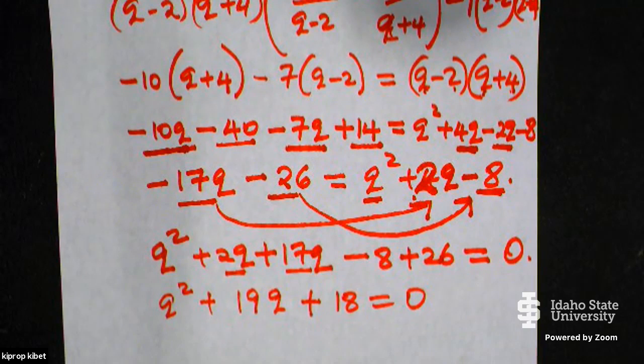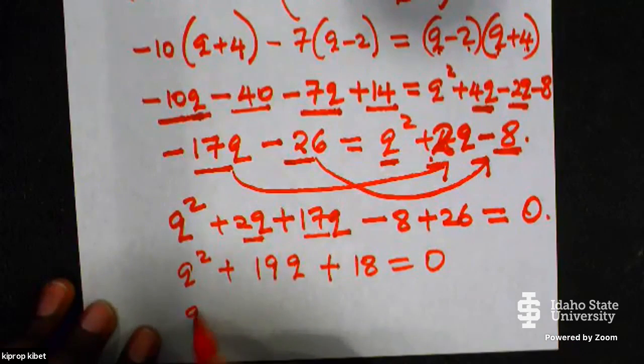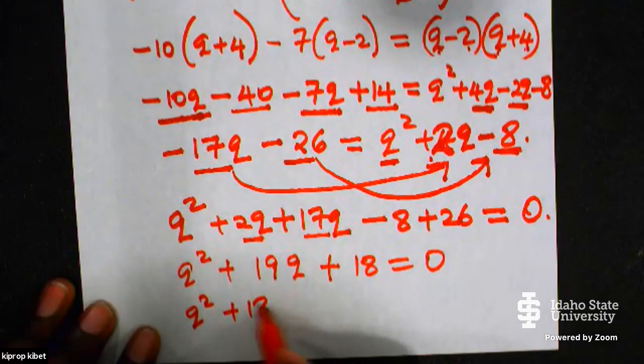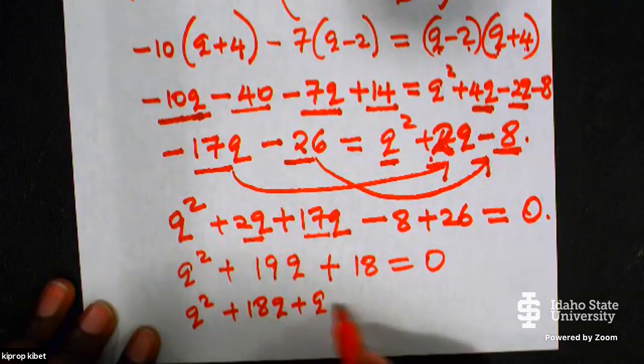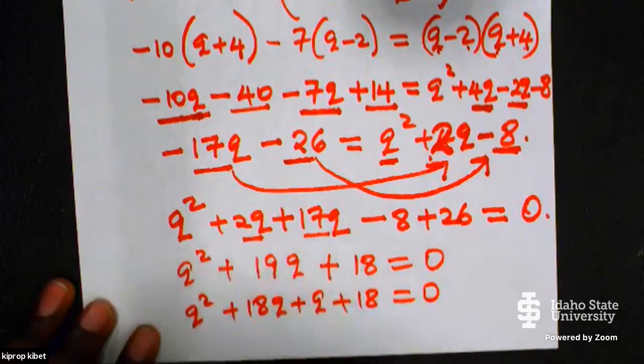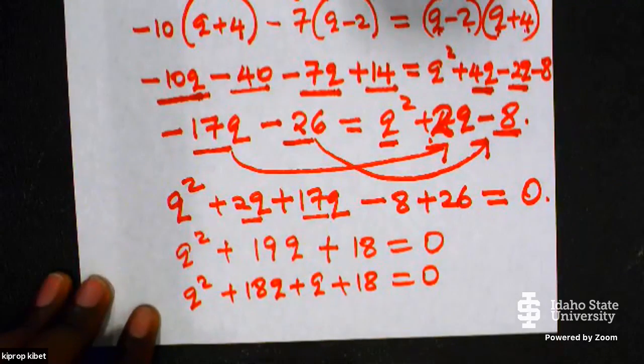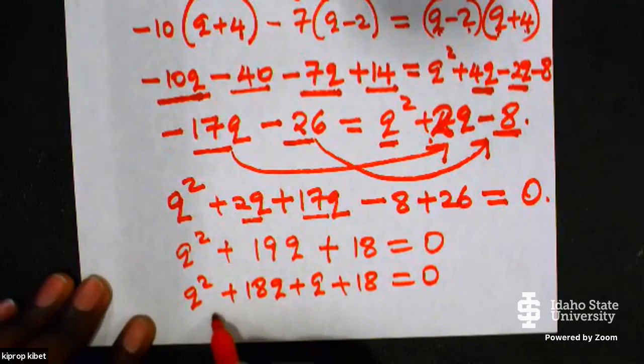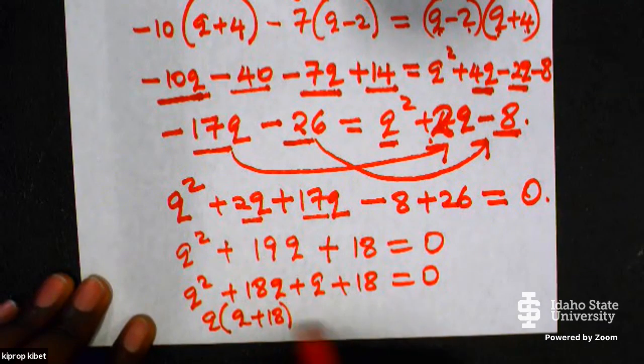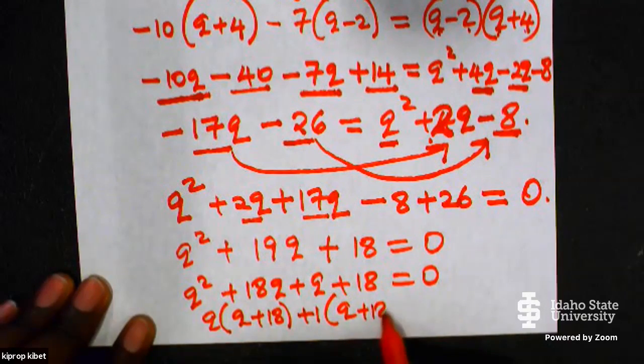Okay, so now it will be q squared plus 18q plus q plus 18 equals 0. So we factor out q here: q plus 18. And then we factor out 1: q plus 18 equals 0.